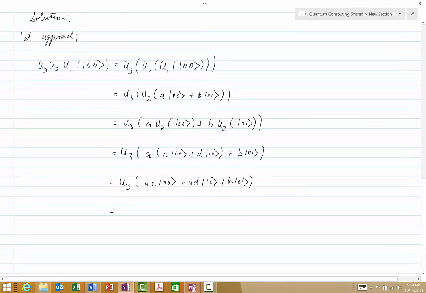And now, just like U2 is linear, so is U3, and so U3 acting on this superposition is equal to the following.